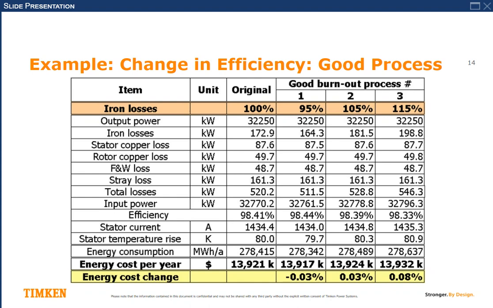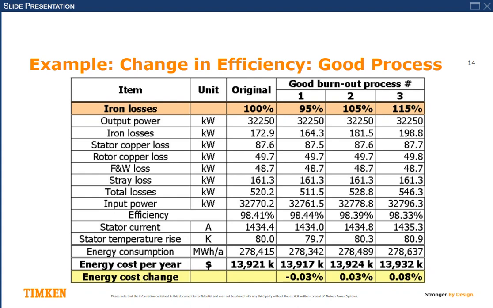You can see the efficiency only changed ever so slightly, 0.07% after 3 burnouts. If this was, let's say, a 2,000 horsepower machine in a mining environment, very harsh, very dirty, maybe aggregate, this might still be only 24 years in the machine's life, which is a really good time for it.